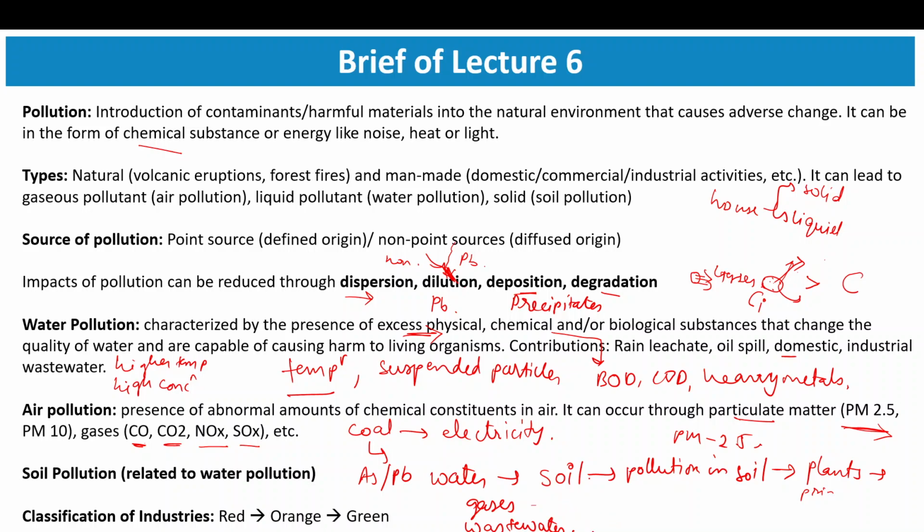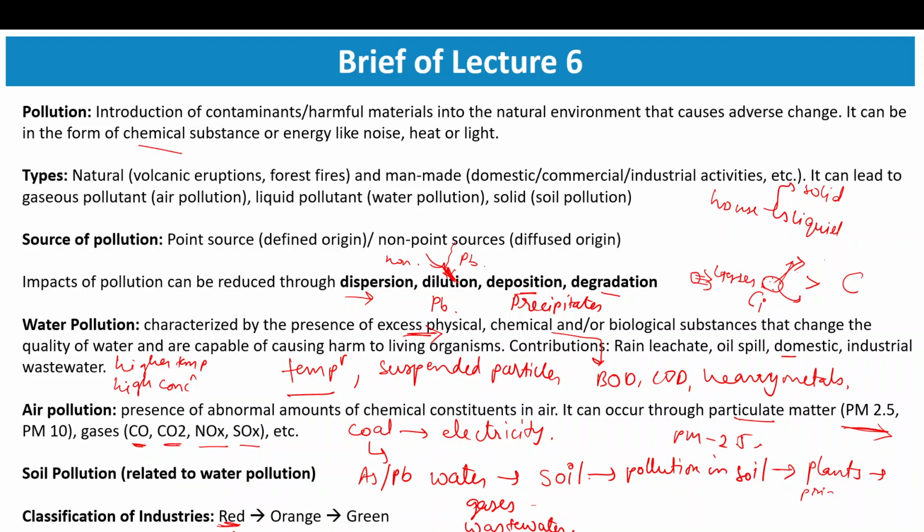So we have classified industries usually based on the pollution they create. The classification is generally, first, the red category, which includes the industries which have the tendency to create the highest amount of pollution.